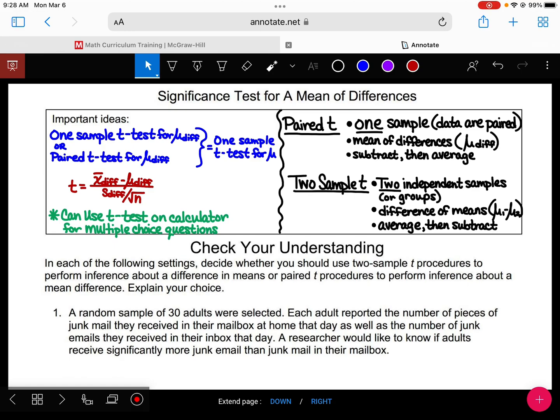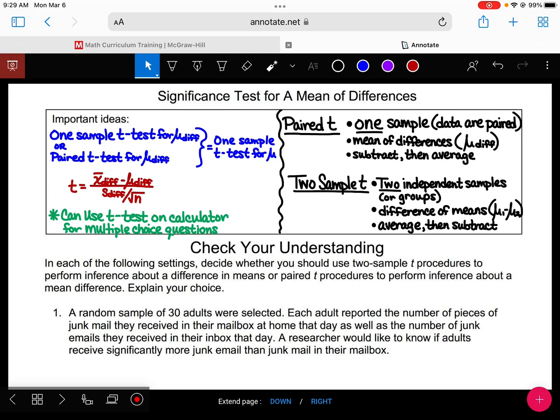One other thing that I didn't write down up here. Sometimes your two sample sizes here will be the same number, like 30 from this group, 30 from that group. But if you have different n values, it has to be this one.